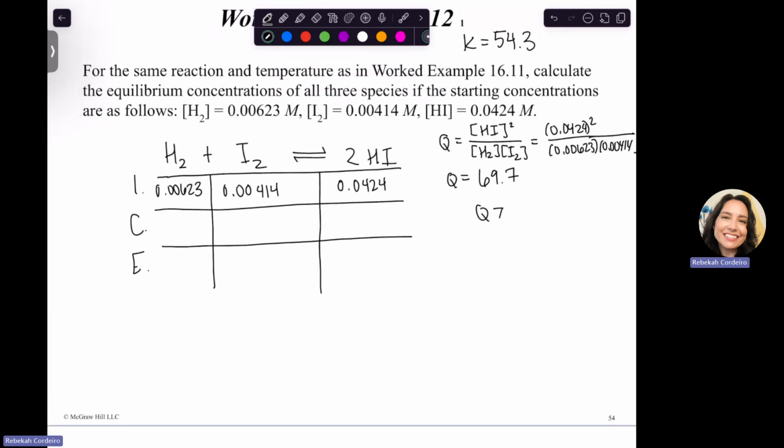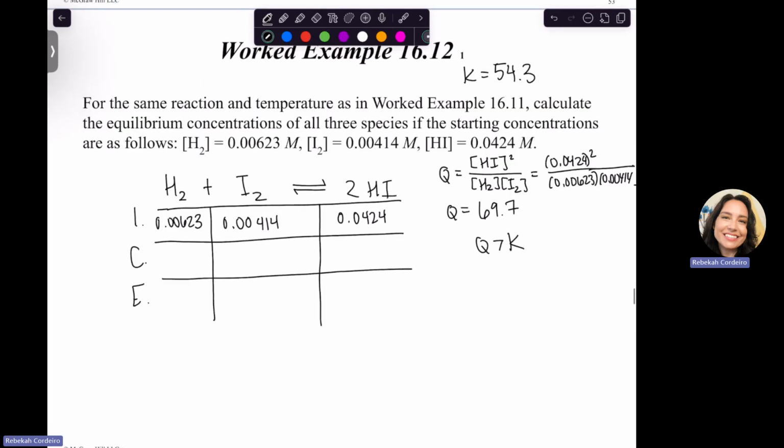Q is greater than K. So that means we have too many products. Too many products means the reaction is going in reverse. If the reaction is going in reverse, we're going to subtract our products and we're going to be making reactants.